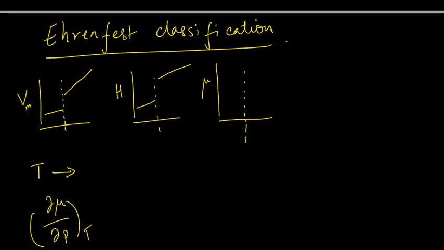But the slope of the liquid, that is the entropy of the liquid, is smaller than the entropy of the gas. And these are negative slopes as far as we remember.